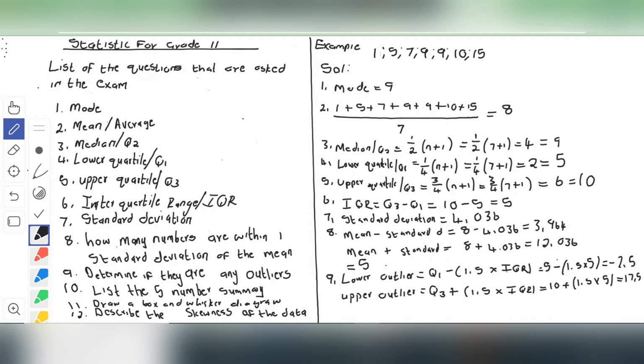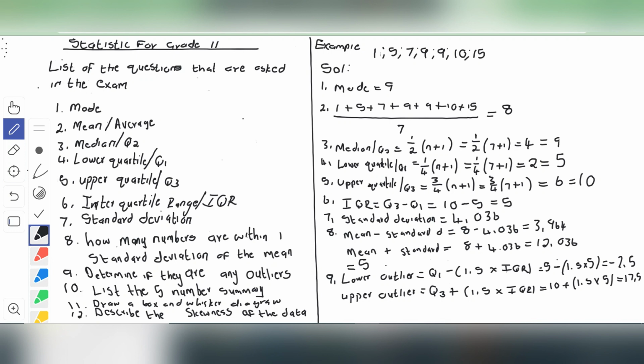Right? So after calculating the lower outlier and the upper outlier, remember the question says determine if there are any outliers. First you calculate the lower outlier and then the upper outlier. Then for the lower outlier, you check the numbers which are less than negative 2.5.